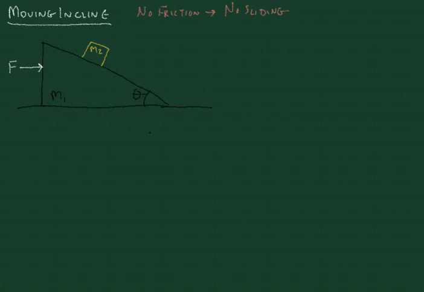Okay. We know that the force is applied to the right, which means the entire system is going to be moving to the right. We don't want the block to slide down the ramp, but that's the same as saying we don't want its vertical position to change. So in this case, we're actually just going to use the regular x-y axes, and this still ends up being a one-dimensional problem.